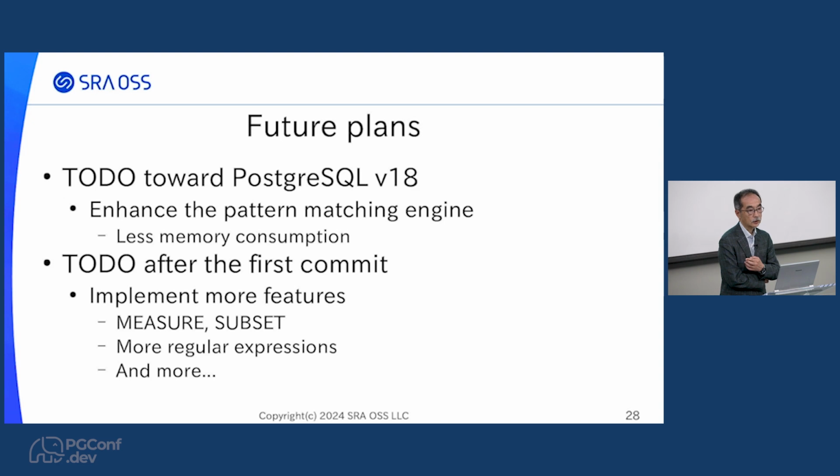If we want to implement the whole specification in the patch, the number of patch lines will be huge. That means we may not be able to review the patch. So I would like to cut down the size of the patch so that the first version includes minimum functionality.